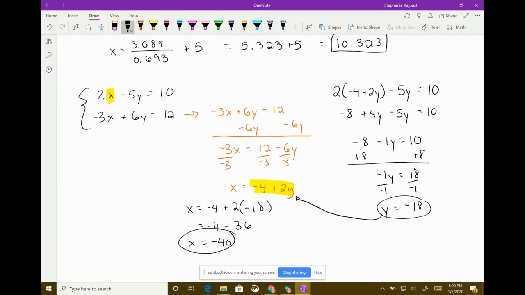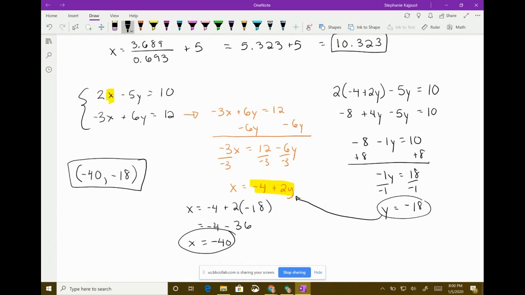And now when we write our answers, we always write them as an ordered pair, so that's going to be negative 40, negative 18, because it's always x first and then the y. So that is solving by substitution.